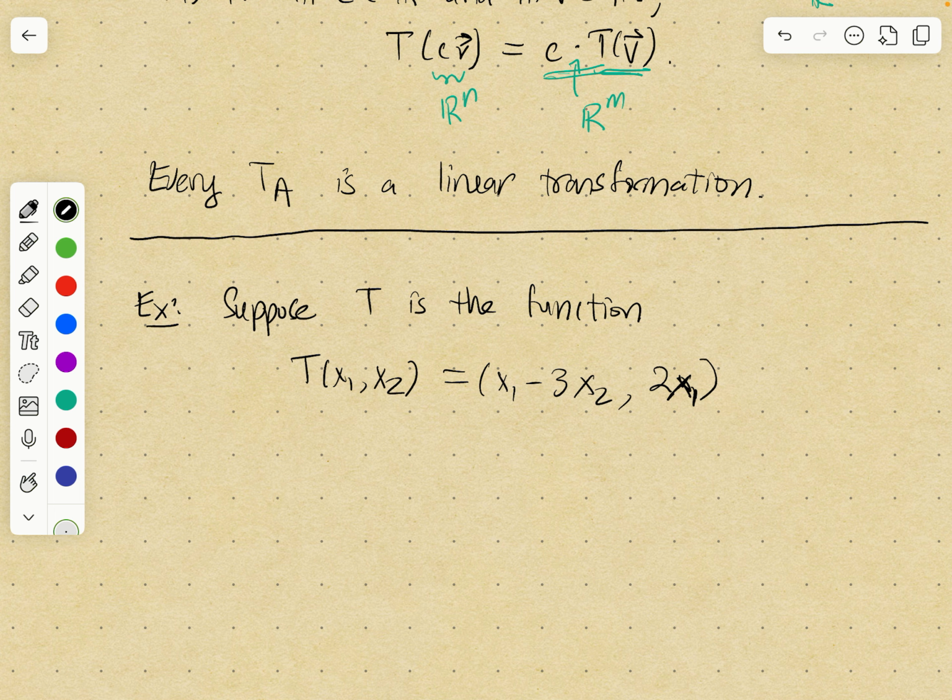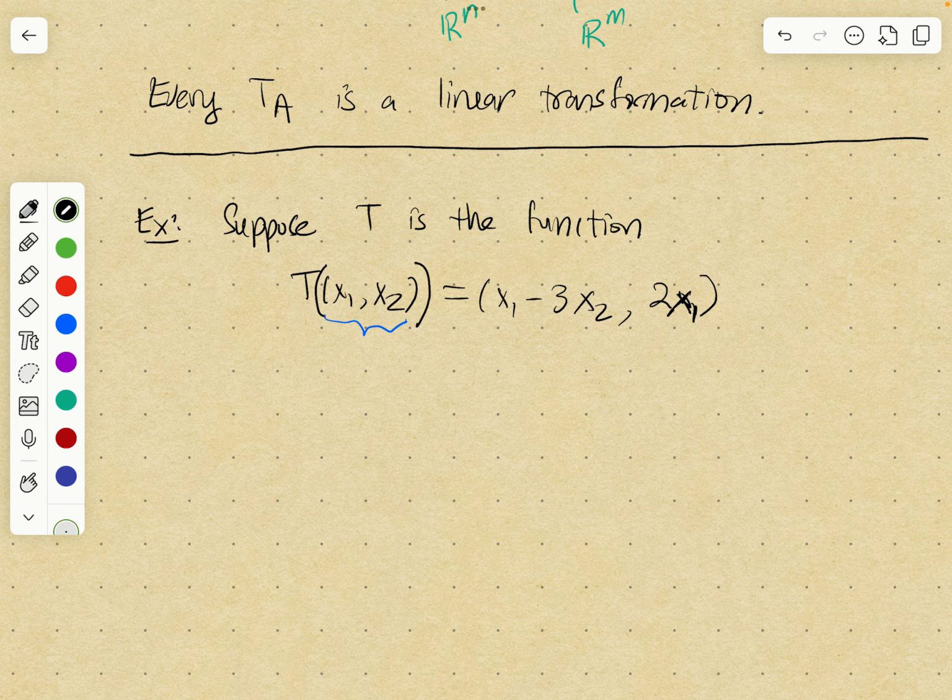Technically, since the ordered pair is x1, x2, there should be parentheses around it for the thing you're plugging in, and another set for the function notation. But often we just omit one of the parentheses because double parentheses look kind of weird. So usually we just write it like this.